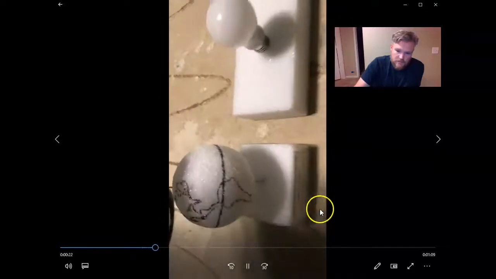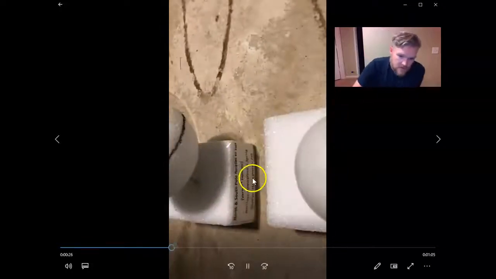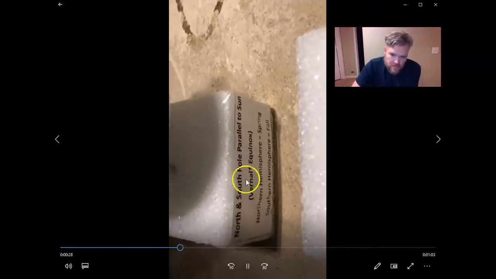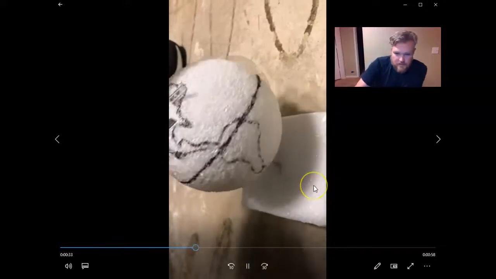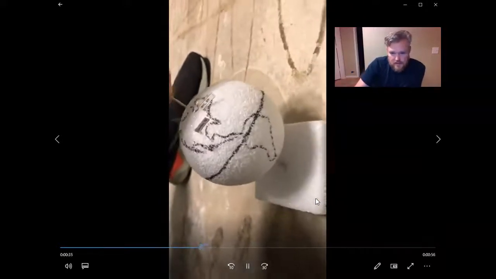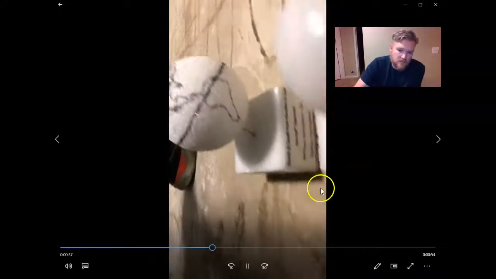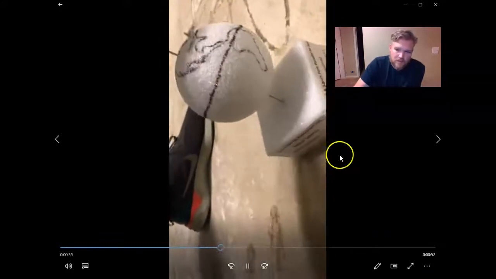We just move the Earth to the four quadrants, and then if we look, now the north and south pole are parallel to the sun, so it's the vernal equinox for us, it's the autumnal equinox for the south pole.